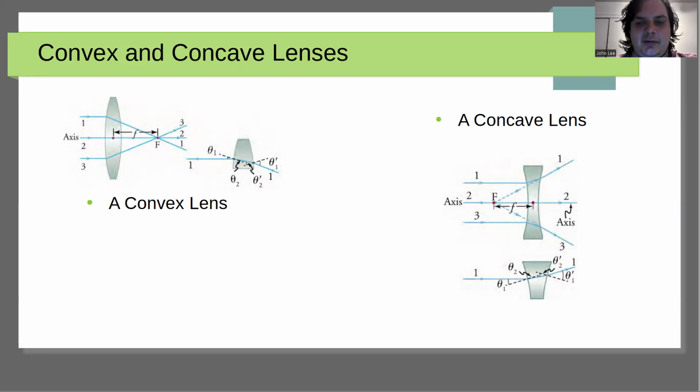And the thicker they are, the more noticeable this is. So that is why telescopes don't generally use these types of lenses anymore. They usually use mirrors.